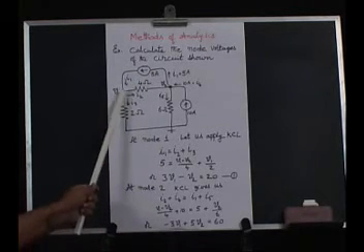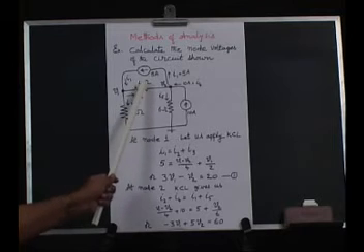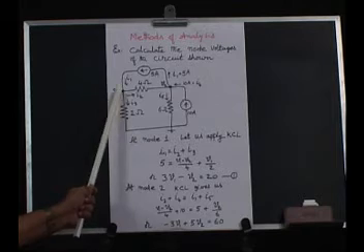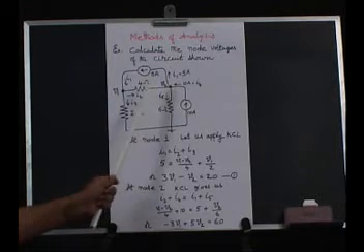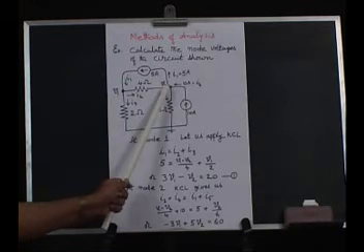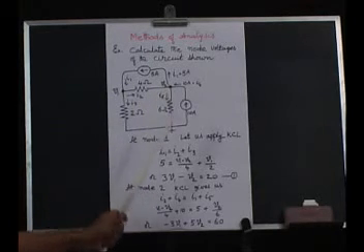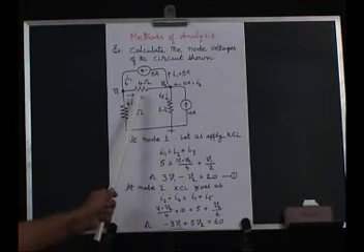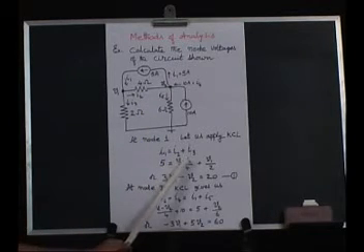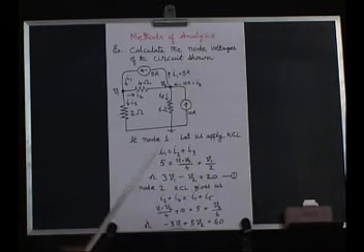What about I2? I2 is the current flowing in the 4 ohms. We shall assume that V1 is at higher potential than V2. That's why the current is flowing in this direction. So V1 minus V2 is the potential difference here, and the resistance is 4 ohms. So I2 is V1 minus V2 by 4. What about I3?